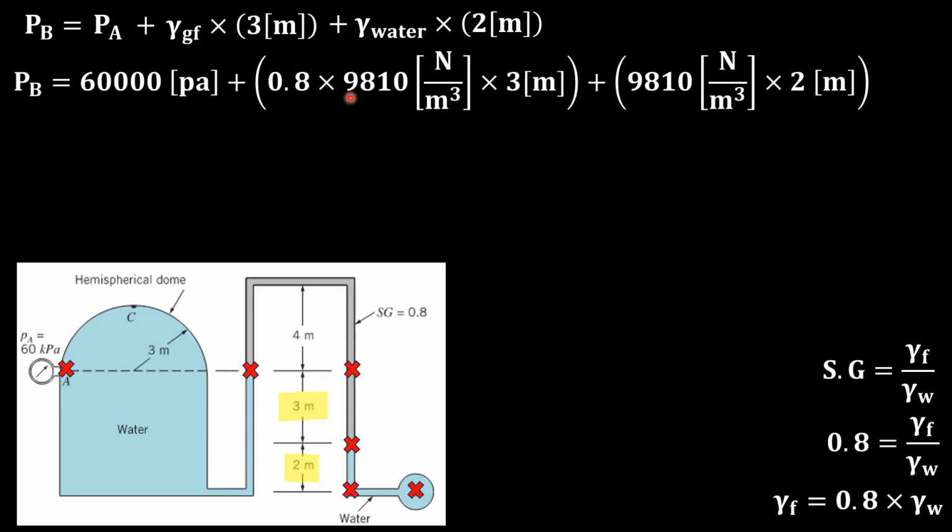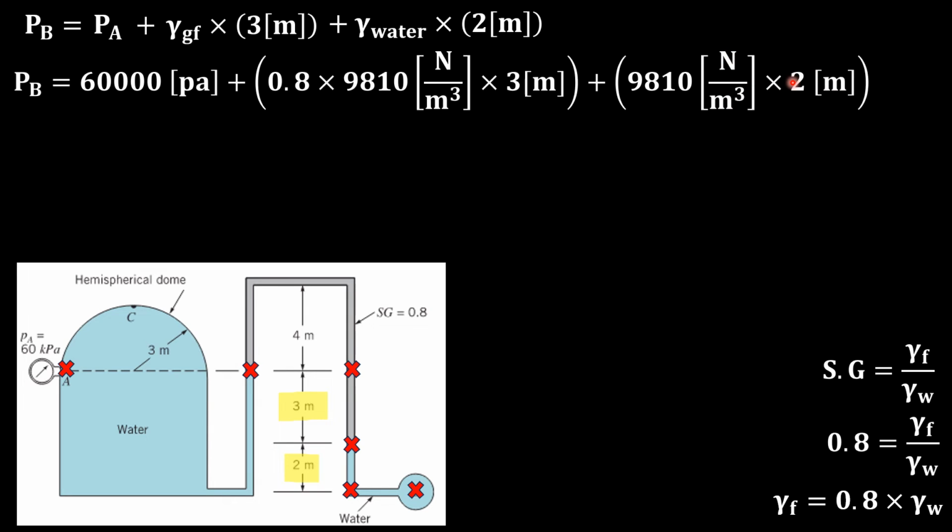And the density of water is 1,000 kilogram per meter cube times the gravity, 9.81, which will give you 9,810. Times the height of 3 meters, plus the specific weight of water, also something that you can find online or you can find it from a reference table, 9,810 Newton per meter cube times 2 meter.